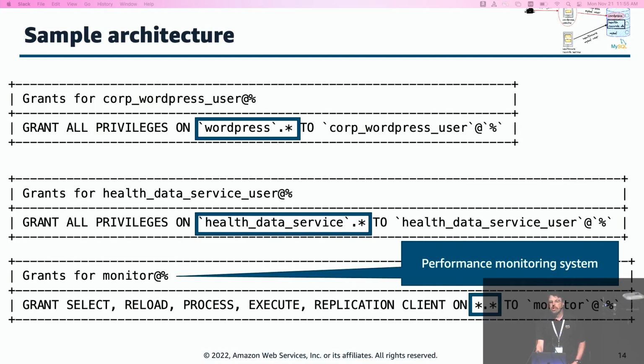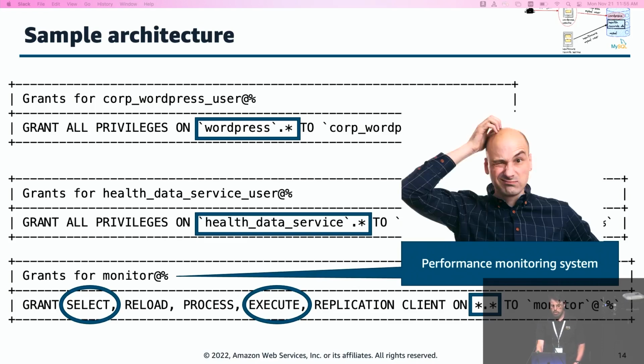So the monitor user can actually retrieve information from the MySQL system database. But it can also execute stored procedures and functions. So the question is, how do we confuse our monitoring user into doing something malicious, into giving us an additional privilege that we don't have?